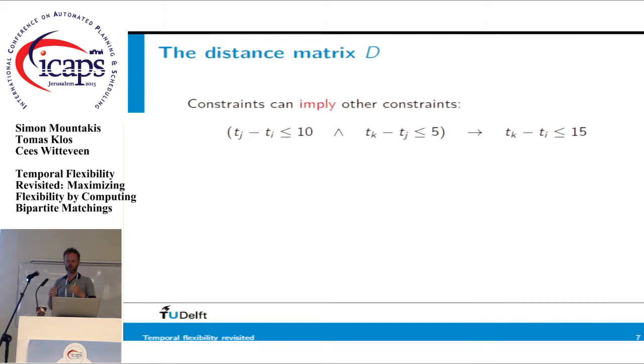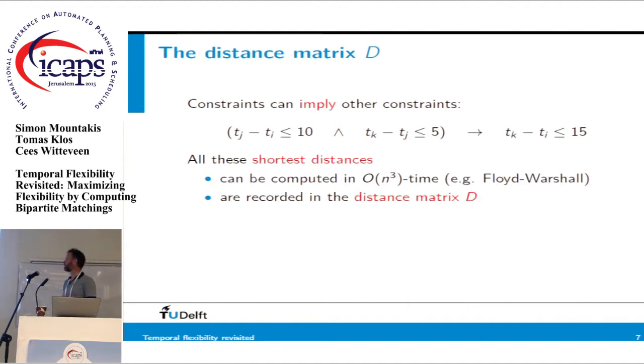And you can compute all the tightest constraints implied by the given constraints in C by running an all-pairs shortest path algorithm in order n cubed. It is a cubic time operation in the number of variables. And then you store all these values in the distance matrix.